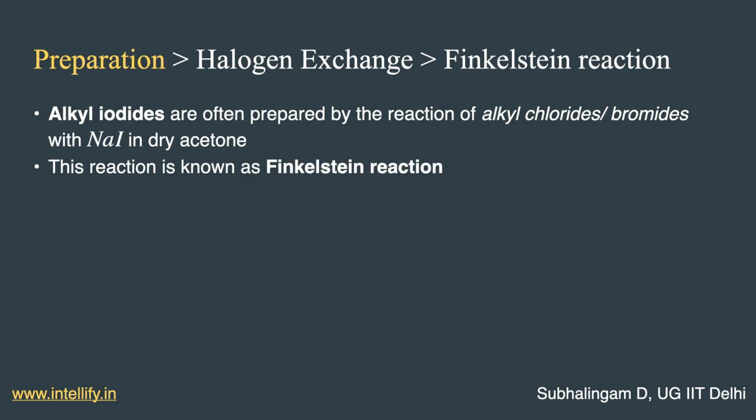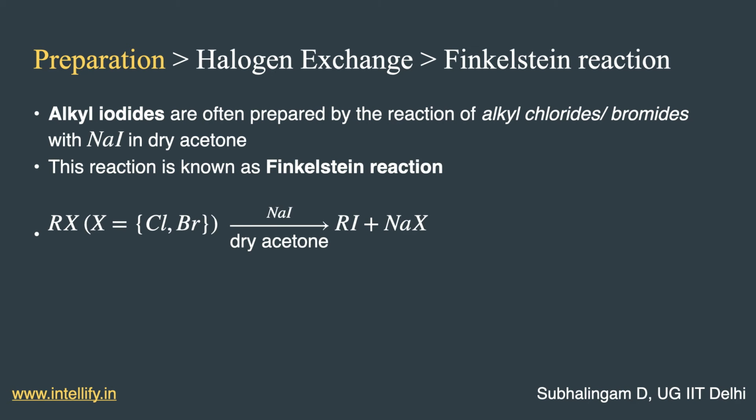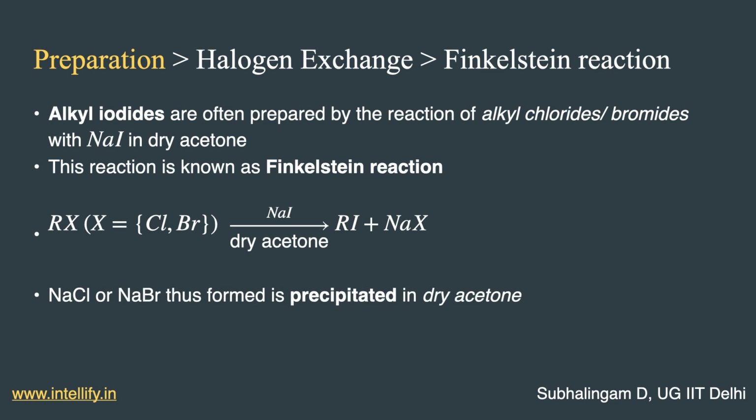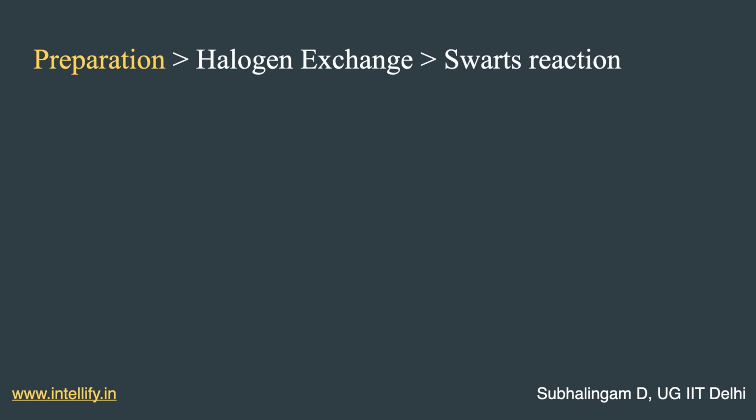I will talk about the use of acetone in a minute. This is called the Finkelstein reaction. Notice that we have a byproduct here, sodium halide, that's a salt. This NaCl or NaBr thus formed is precipitated by dry acetone. That's why we use dry acetone and we get pure alkyl iodide.